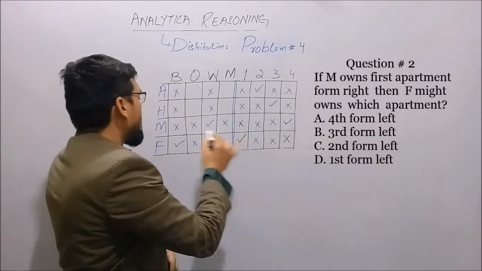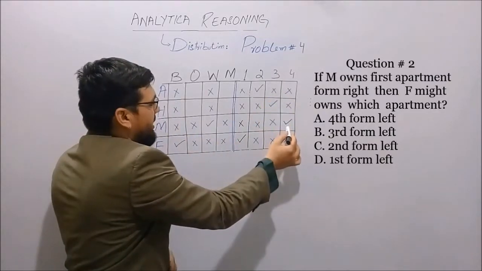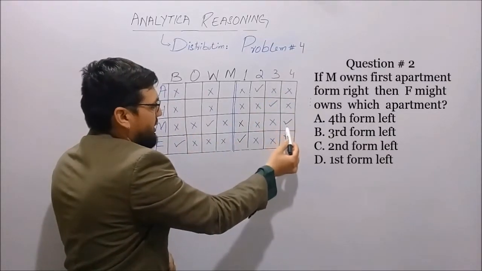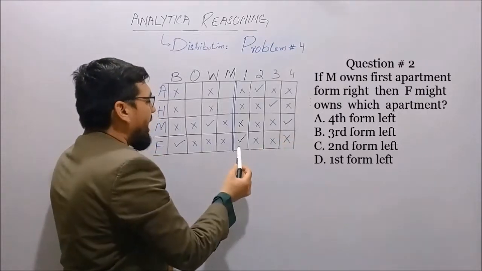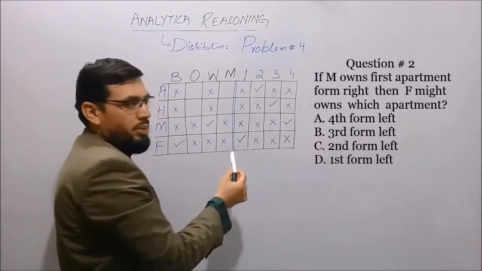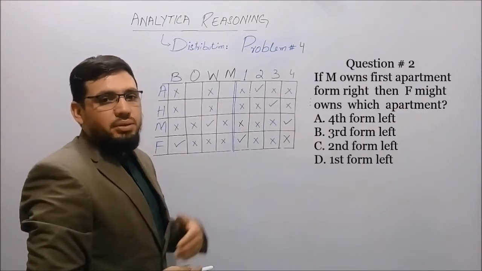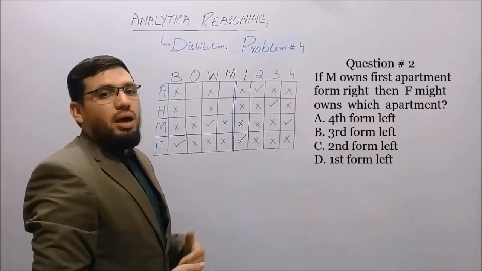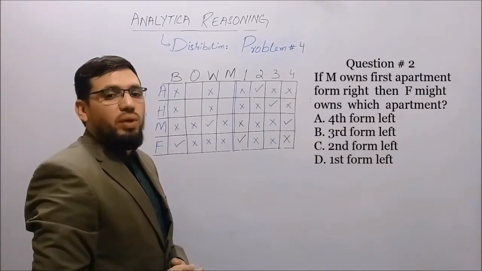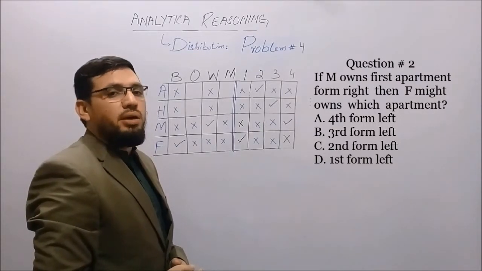It means if we assign the last apartment on the right side to M, F will have the first apartment from the left side.